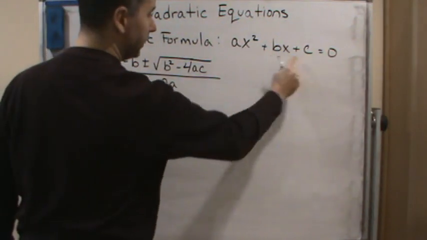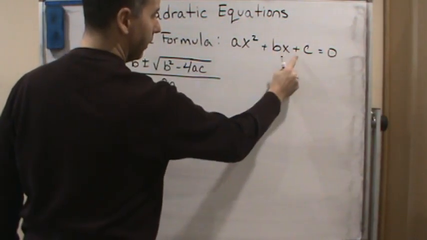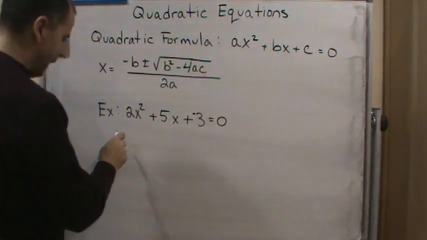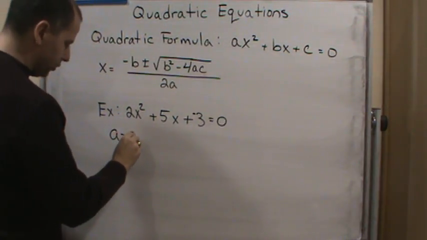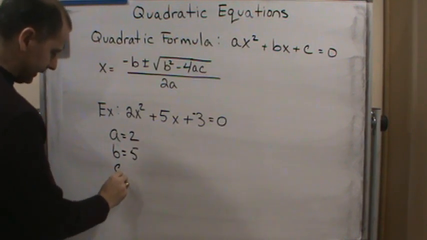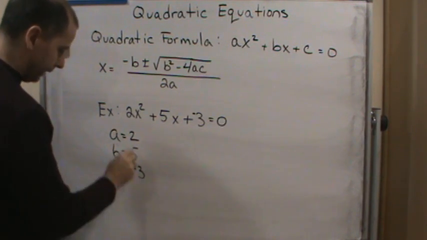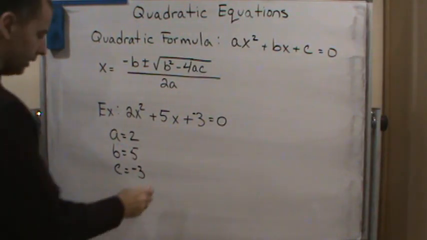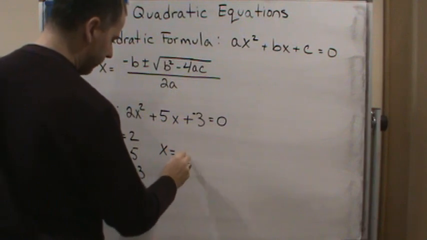Remember, a, b, and c are based on having addition signs here. Okay? So now a is equal to 2, b is equal to 5, and c is equal to negative 3, not positive 3. Okay, now, all I have to do is plug it into the quadratic formula now.